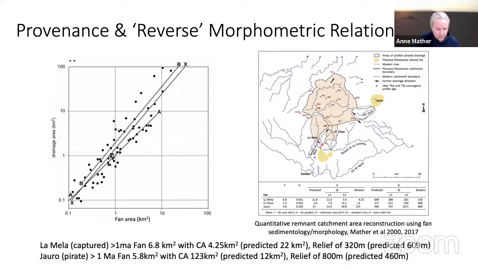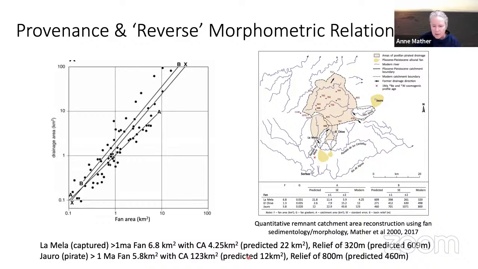We were able to show that this Harrow fan, which was deposited in these sediments that are more than 1 million years old, should have had a catchment this big, and in fact the catchment at the moment is this size. Then we have this one, which is the opposite case, where we've got a much smaller catchment than the fan should have for its size.